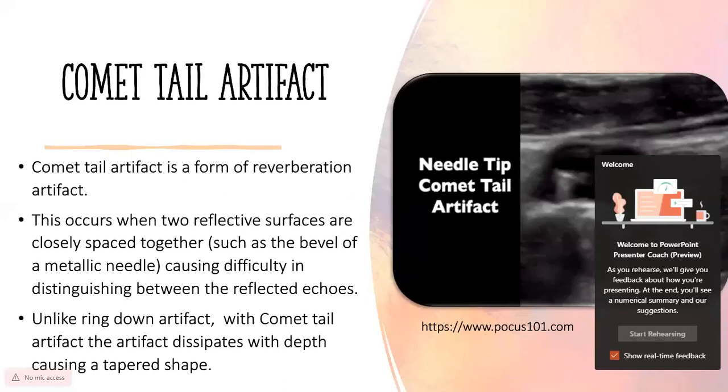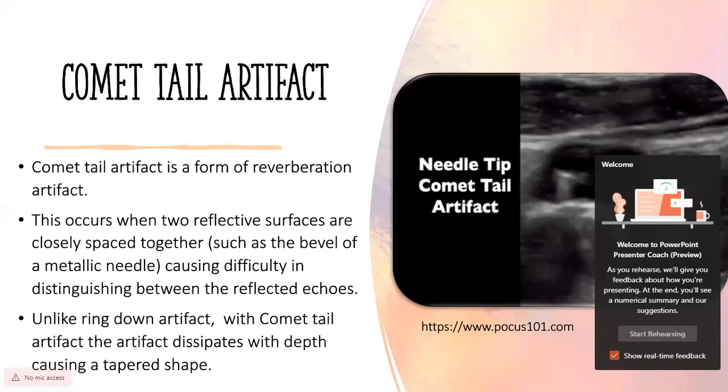Our next one is comet tail artifact. Comet tail artifact is a form of reverberation artifact. This occurs when two reflective surfaces are closely spaced together, such as the tip of a needle, causing difficulty in distinguishing between two reflective echoes.